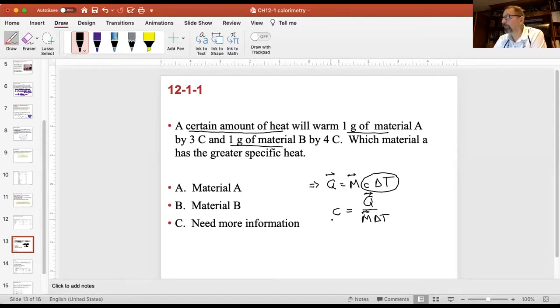And so you can see that the specific heat and the temperature change are inversely related. So a greater temperature change results in a lower specific heat. And so material B, which changes by 4, would have a lower specific heat. Material A, which changes by 3, has a higher specific heat.